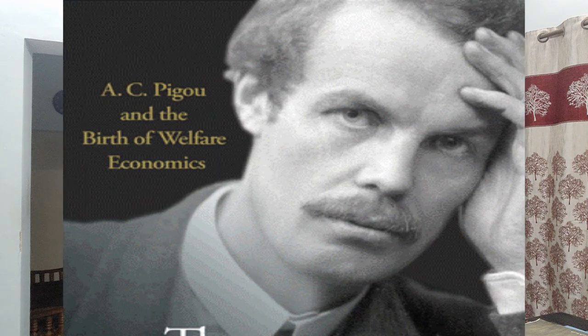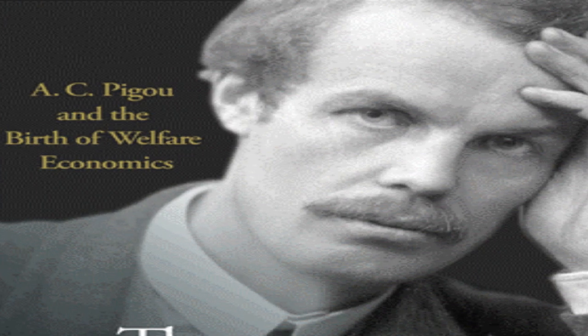Marshall's student, Arthur Pigou, refined the concept of externalities in his book, The Economics of Welfare, in 1920. Pigou argued that externalities are costs or benefits imposed on others that are not taken into account by the person taking the action.